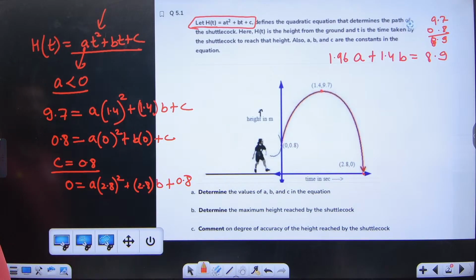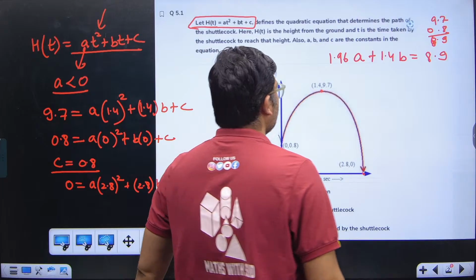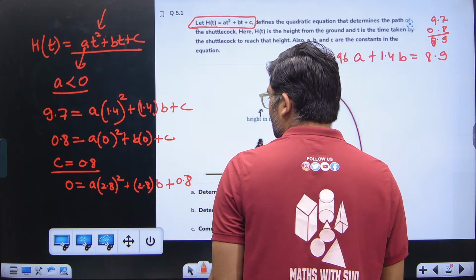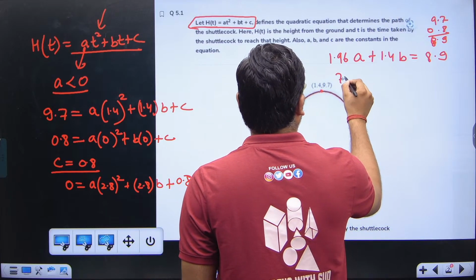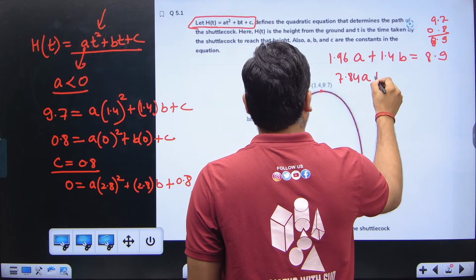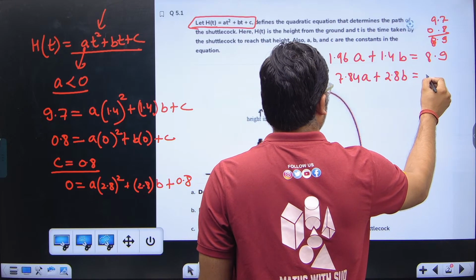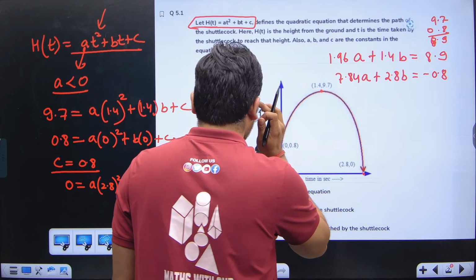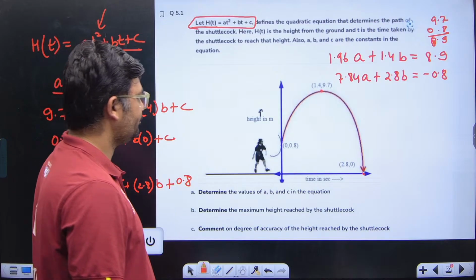I have just taken c on the other side. So this is my first equation. The second equation will be, 2.8 square is equal to 7.84 times a plus 2.8 times b is equal to minus 0.8. Are you getting it? Yes. Okay.